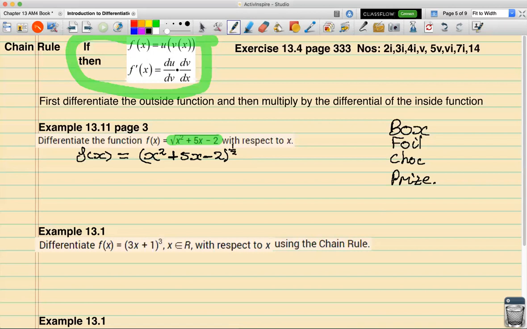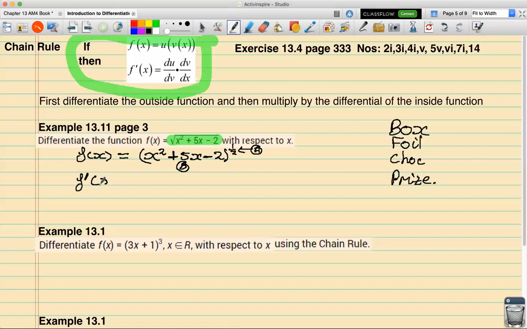And this is the outside function. And we call this function A. And this thing in here, x squared plus 5x minus 2, is priority B function, second division. We're now going to differentiate. You can stop and you can play this over again and again.